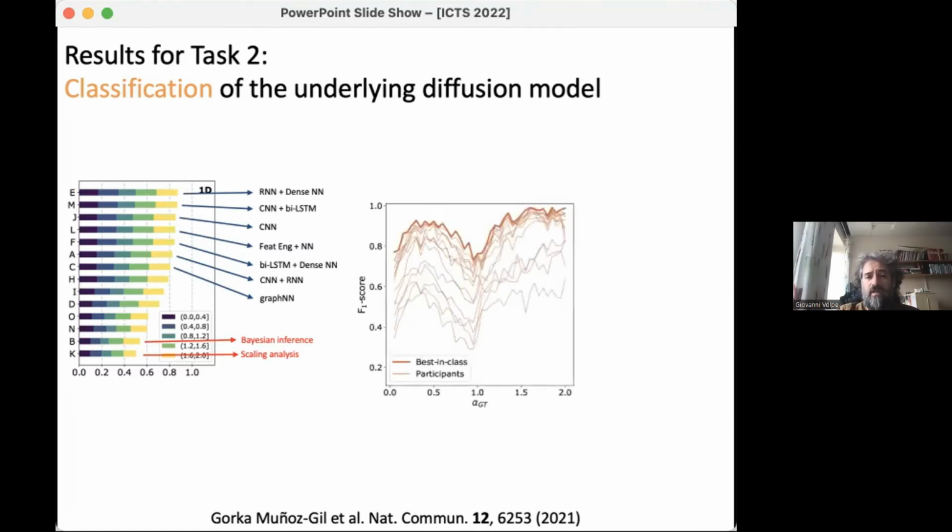So if we look at the F1 score as a function of alpha, we see that basically all methods have this camel-like behavior, where they have 2 minima around 0 and 1, which is again not too surprising. At 0, basically all this motion converges towards something that is essentially a particle that is not moving.